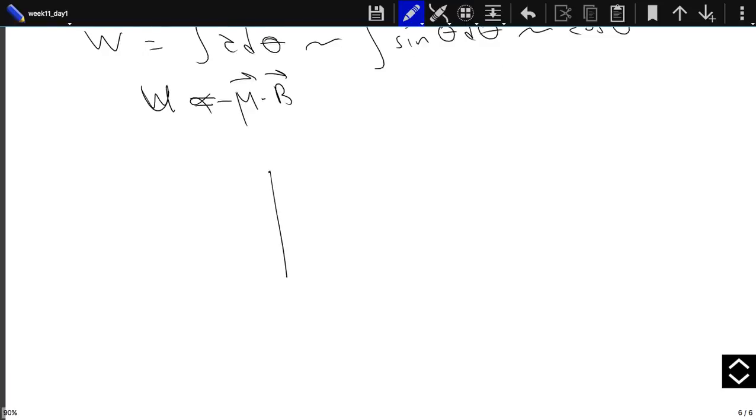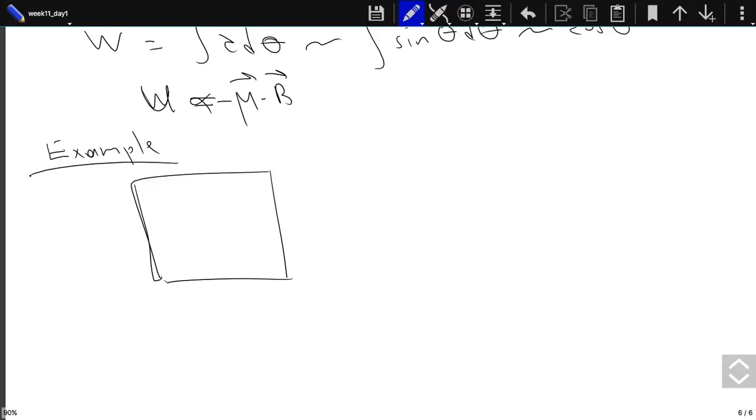Well, let's see. So we have such a current carrying loop, right? Let's look at this one. What is the magnetic field that it creates at this point? What is the direction?